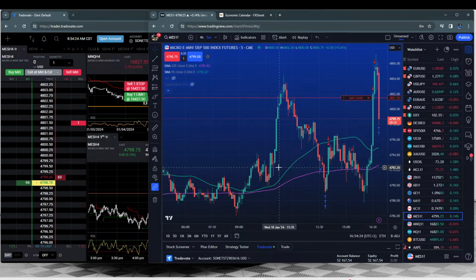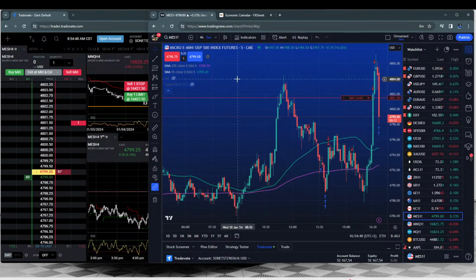Okay, playing at the opening of the US markets is always fun, the first 15-30 minutes. Usually we get either a big directional move or a reversal of the initial opening move.